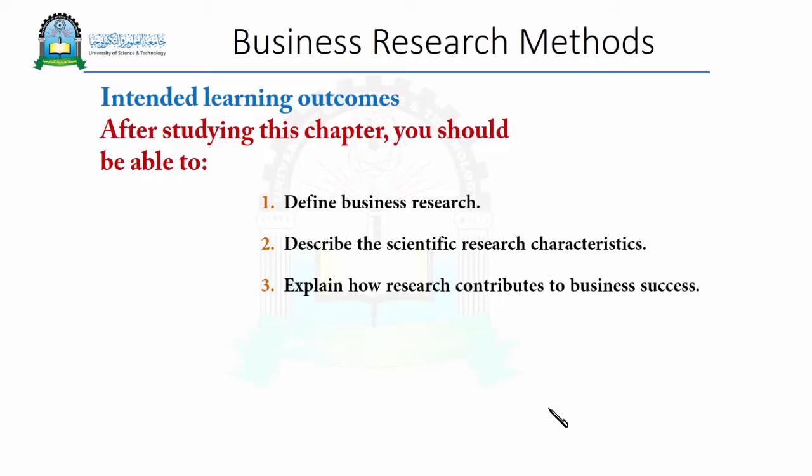Second is to describe the scientific research characteristics. This is important in the way that people need to differentiate between ordinary research and scientific research, which is going to depend on some characteristics.